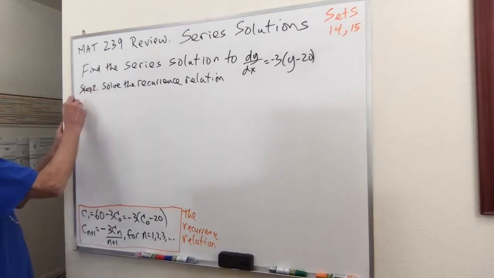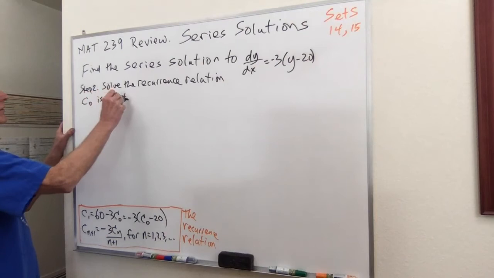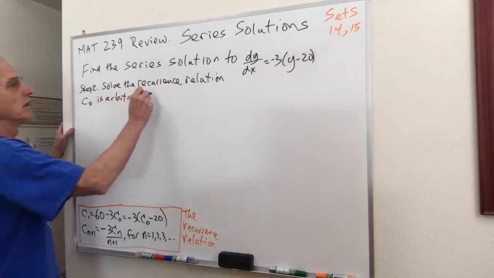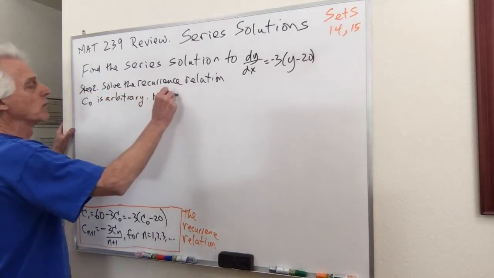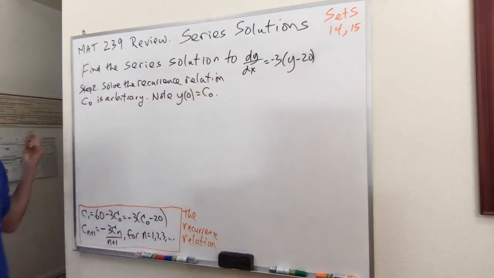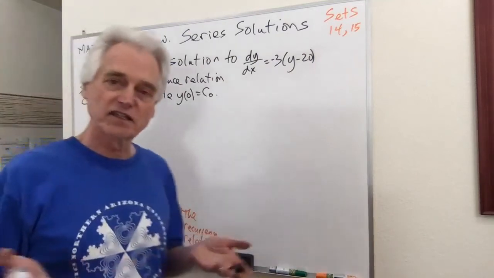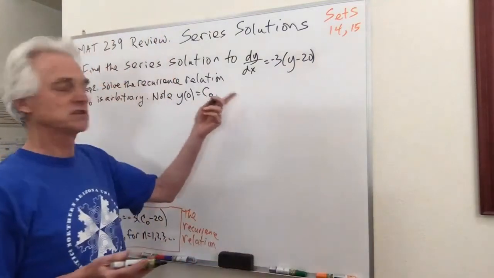So to solve it, we have C0 is arbitrary. And note that y of 0 is C0. Okay. So in other words, I can get a series solution for any initial condition.